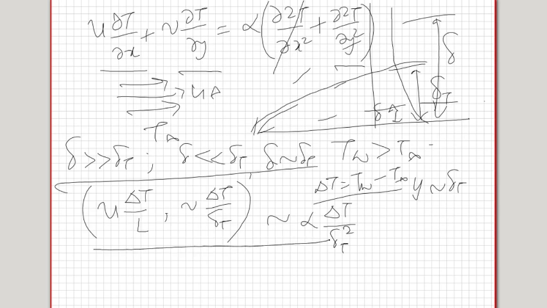Now we'll need to look at three scenarios for this order of magnitude equation: when delta is much greater than delta T, delta is much less than delta T, and delta is of the order of delta T. And this V we can always write as U into delta by L. That is something that we found from the continuity equation in the previous slides.